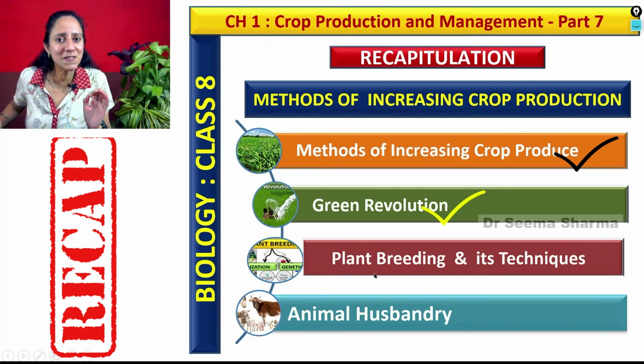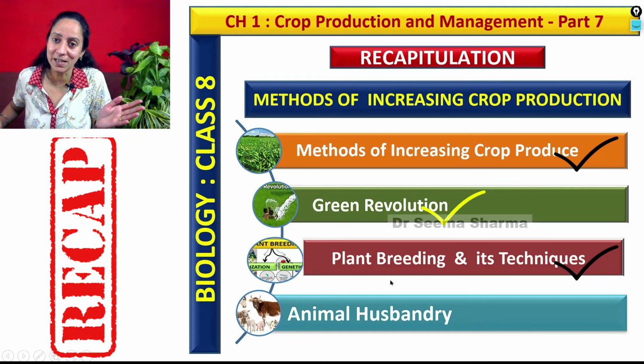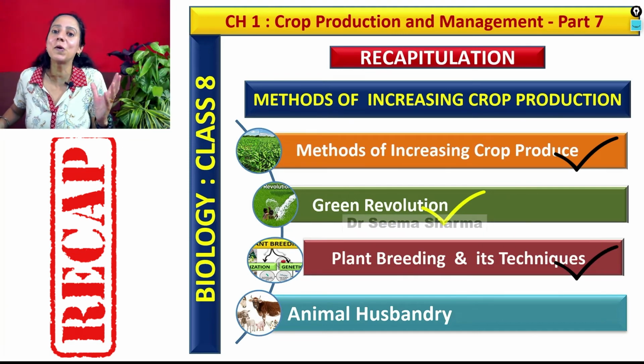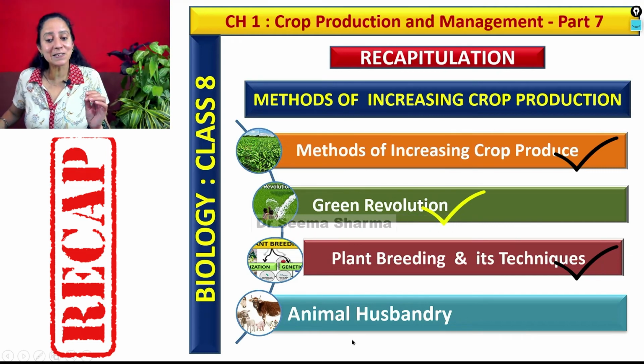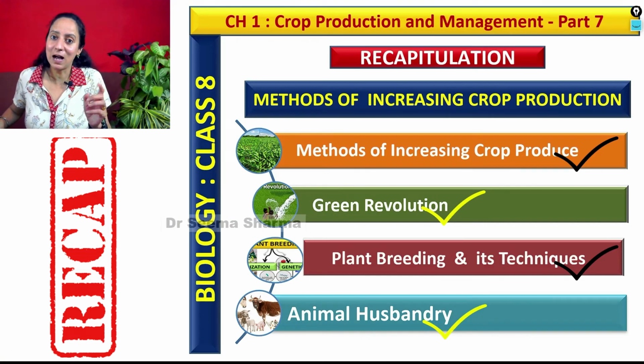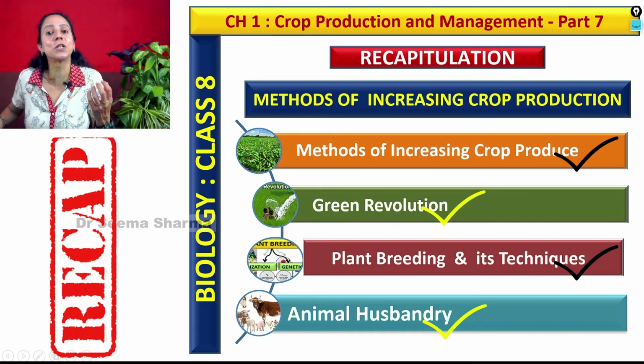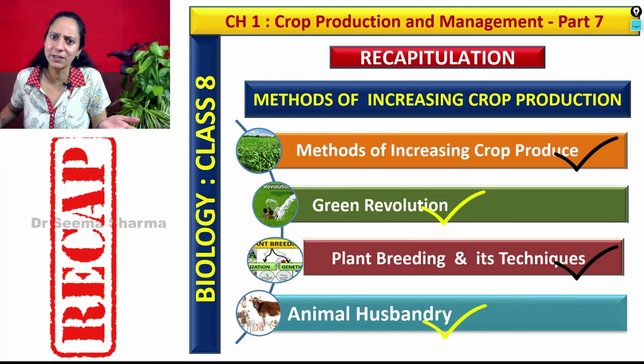And the most amazing part of this video was about the plant breeding techniques in the development of new and better varieties of different types of plants. Lastly, you also came to know about animal husbandry, and you know how human beings are utilizing a diverse range of animals to take care of their food and other requirements.